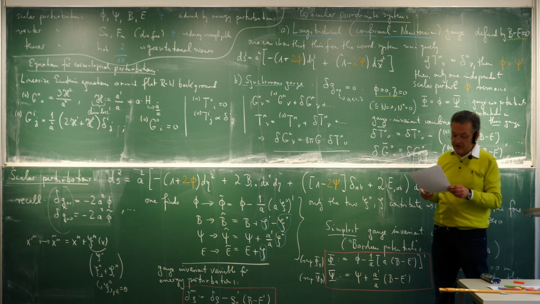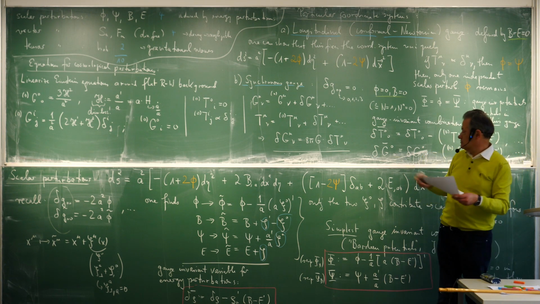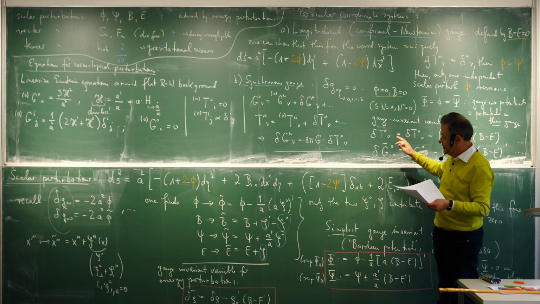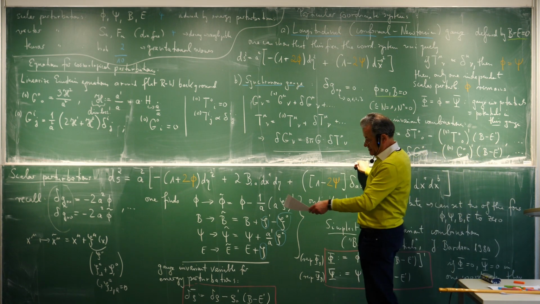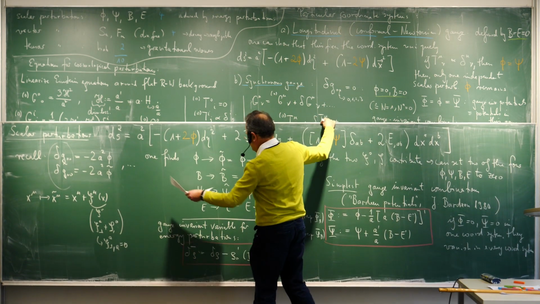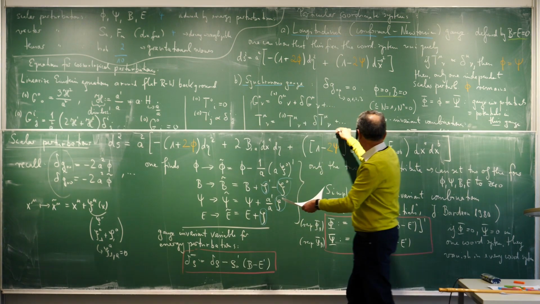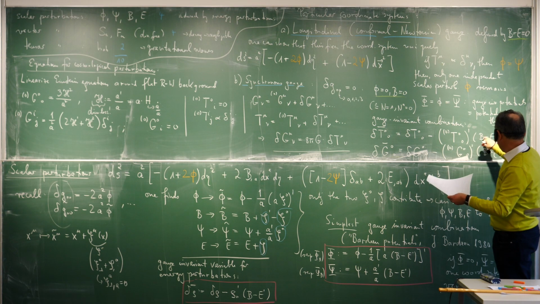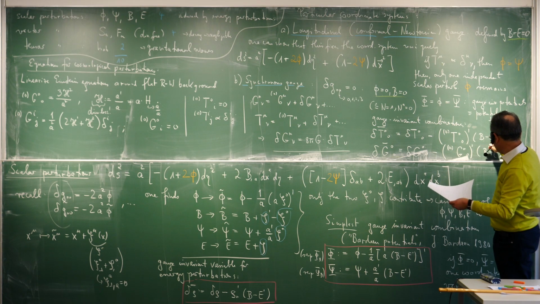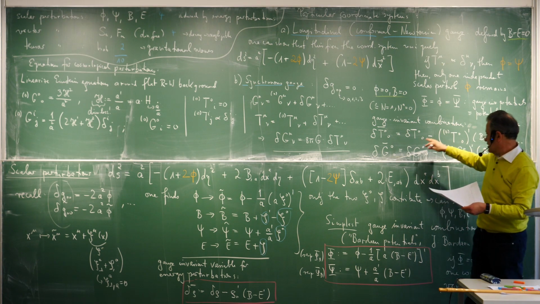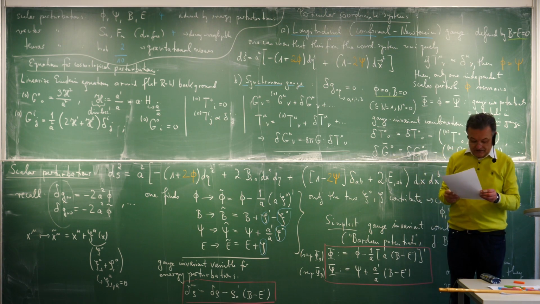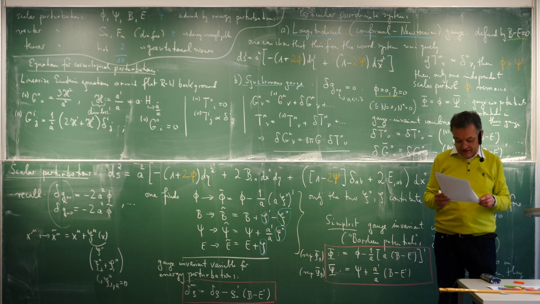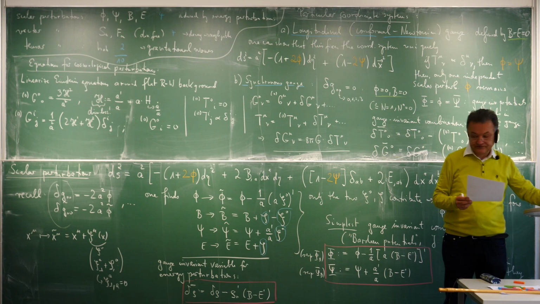You can read them in the books, and you can convince yourself, if you make this coordinate transformation and use these relations, that the transformation of this b minus e prime and so on will just cancel, and they are invariant.